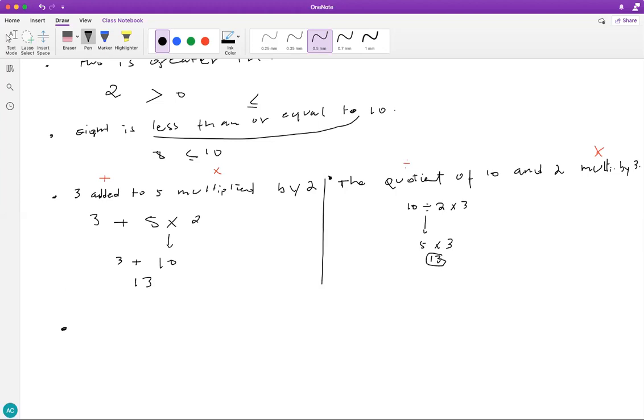So say 2 increased by the sum of 3 and 4.